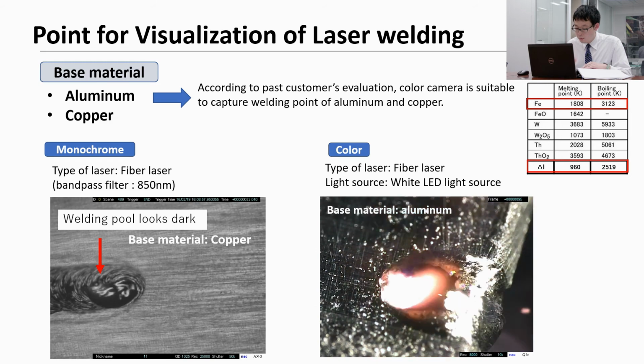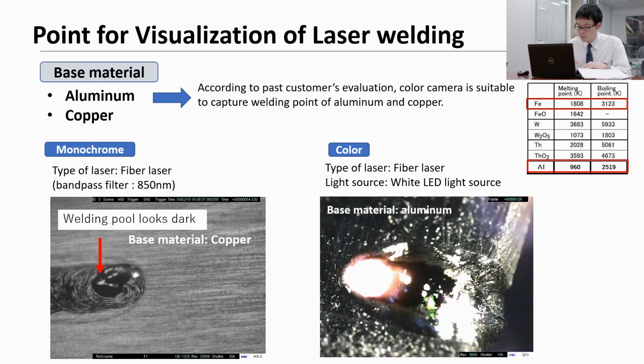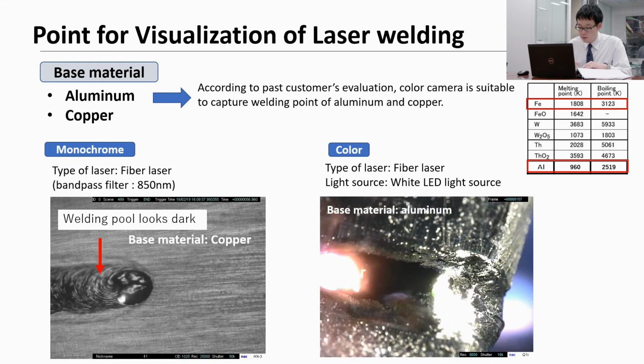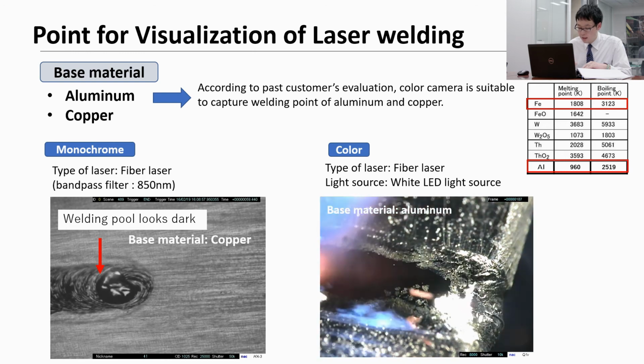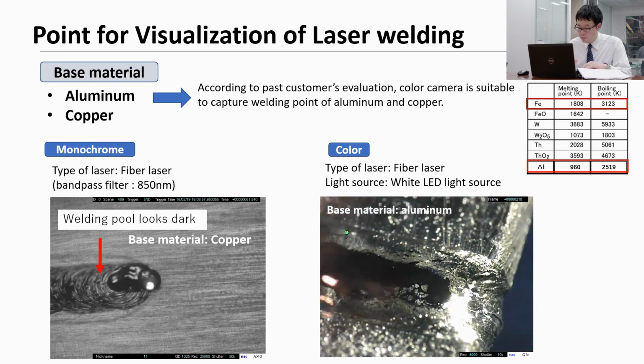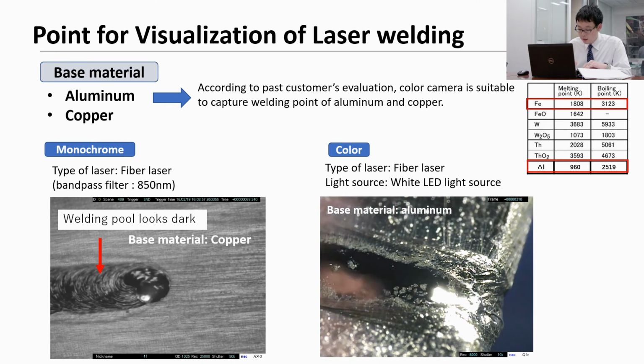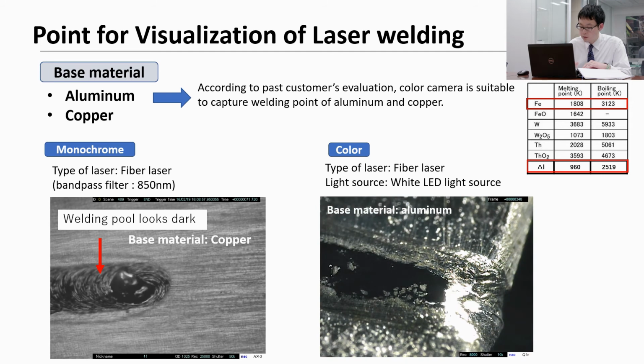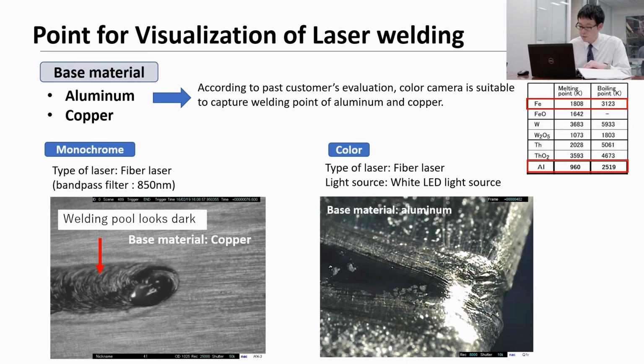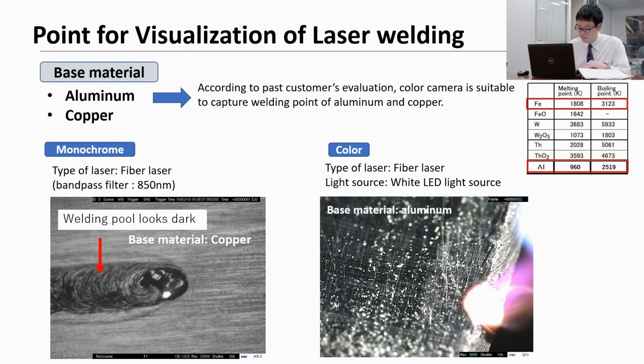Here is an important point to be careful about base material. If the base material is aluminum and copper, the melting point is low, so the welding pool shows little dark. We heard from many customers that they can get better image when they use color camera to observe the behavior of welding pool on aluminum and copper.